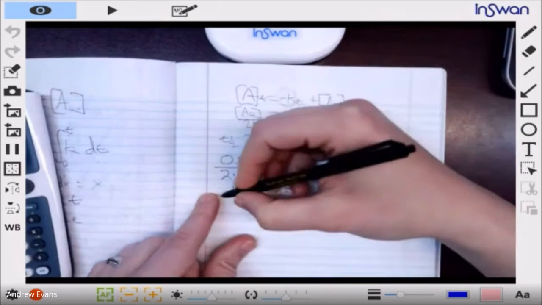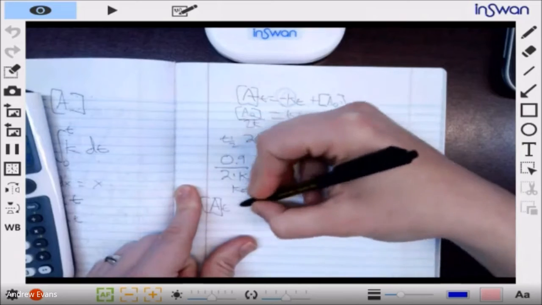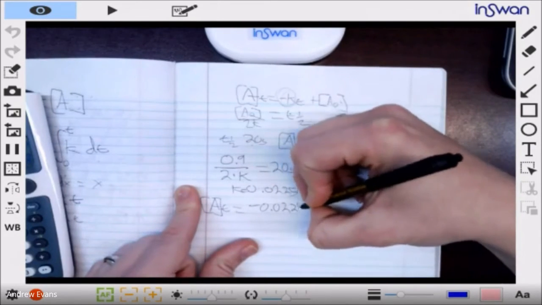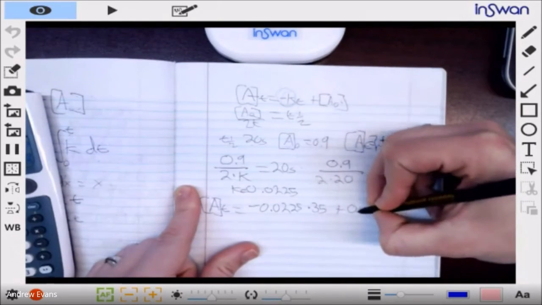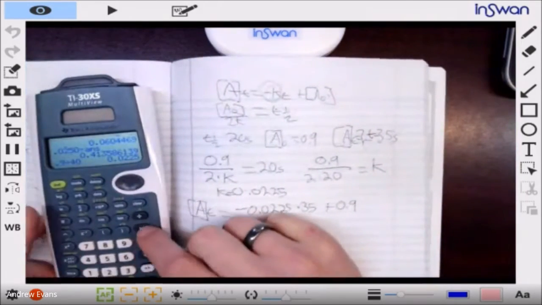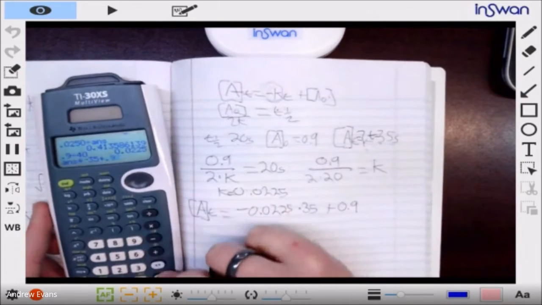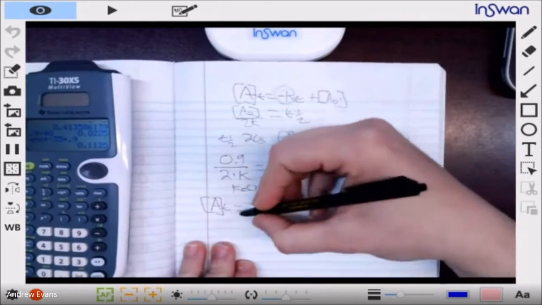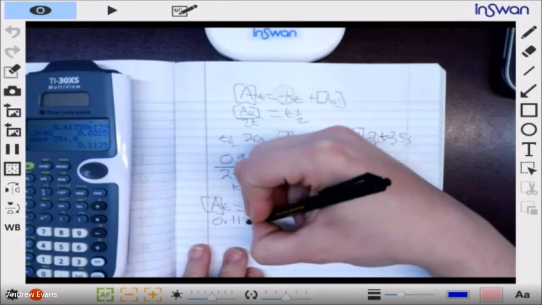Plugging that in, we want A sub t, which equals negative 0.0225 times 35 plus 0.9. So after 35 seconds, the concentration has decreased to 0.1125.